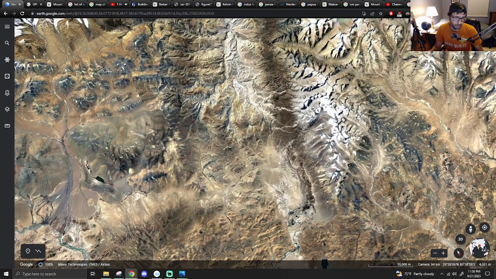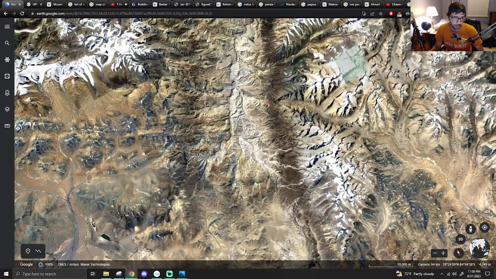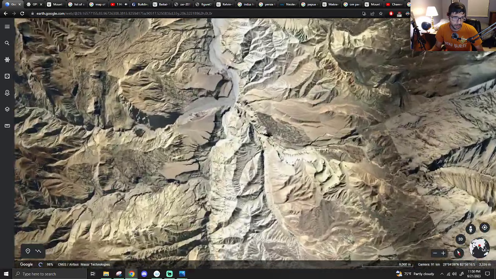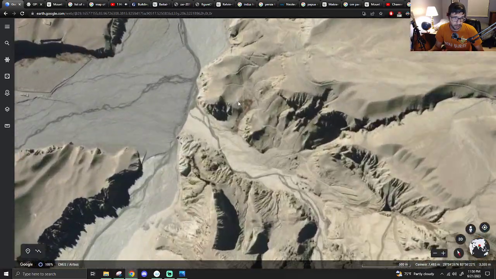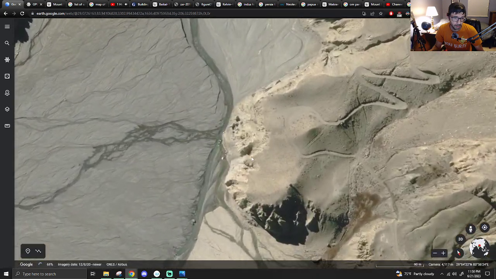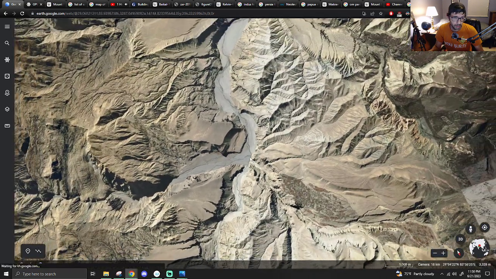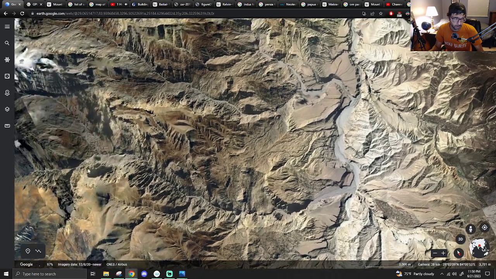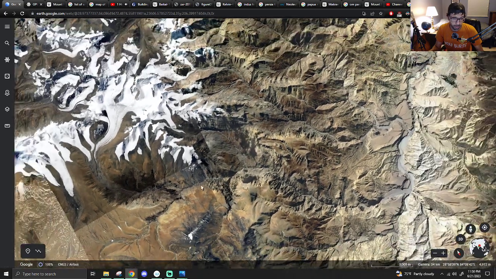So there's a chakra that really starts over here and goes all the way to exactly right there, which is where Damodar Kund is over here.